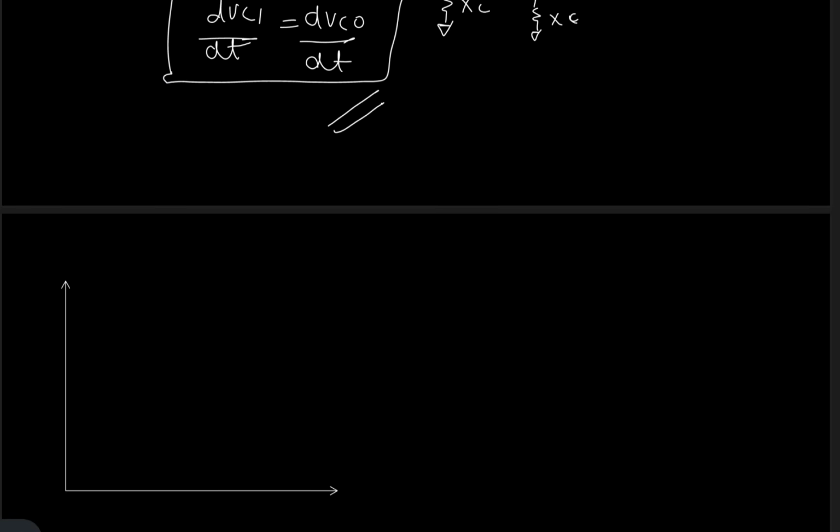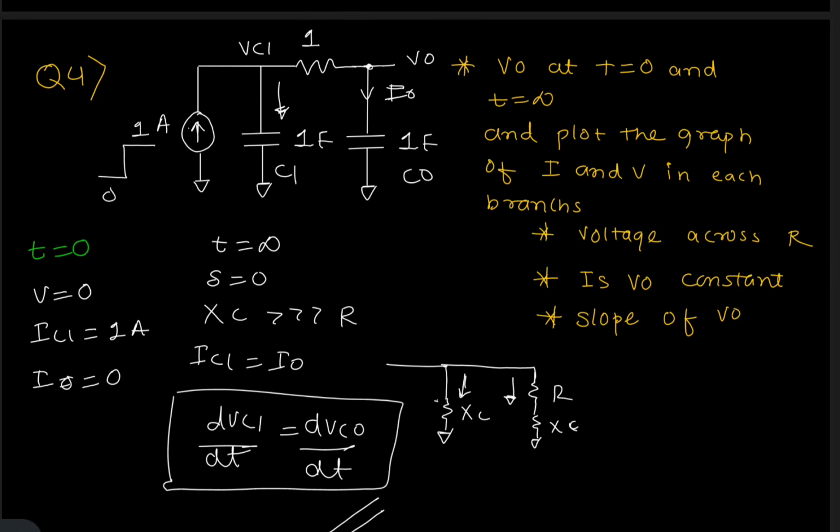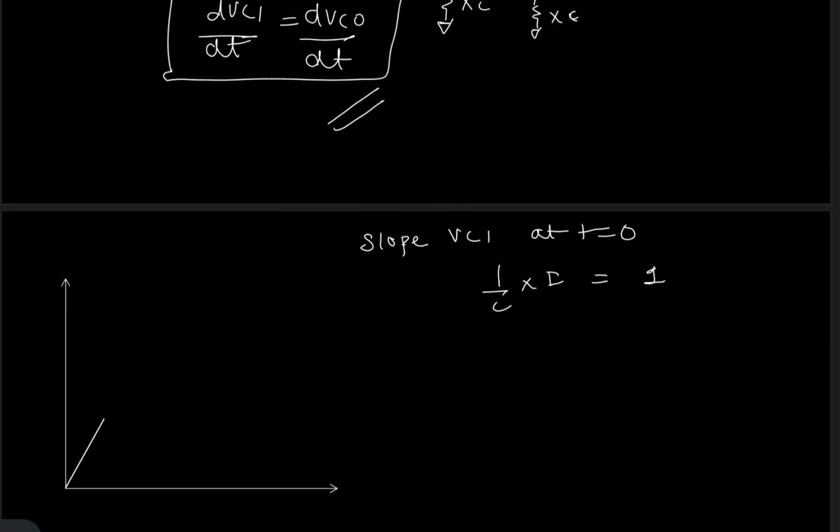The slope of VC1 at t equal to 0 was 1 by C into I, that was 1. So it was increasing in this fashion. Let's assume this has a slope, and the voltage of this branch was 0 at the start.